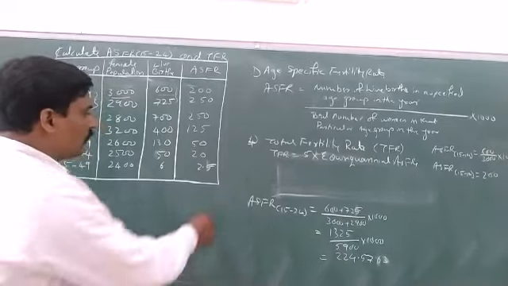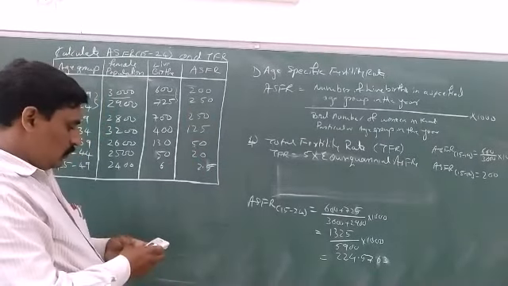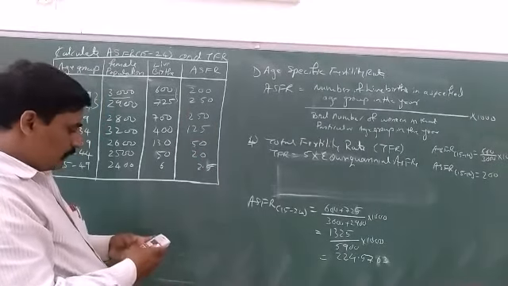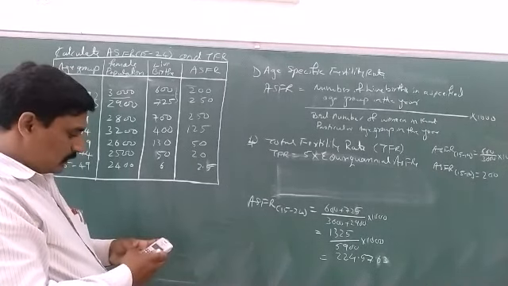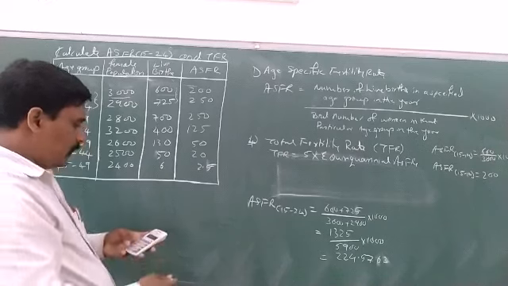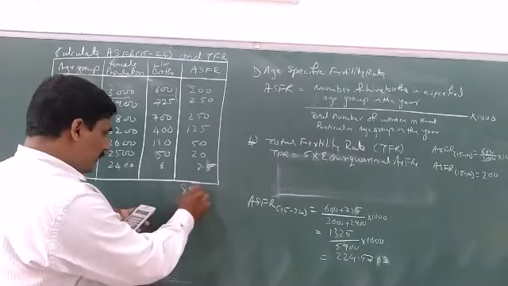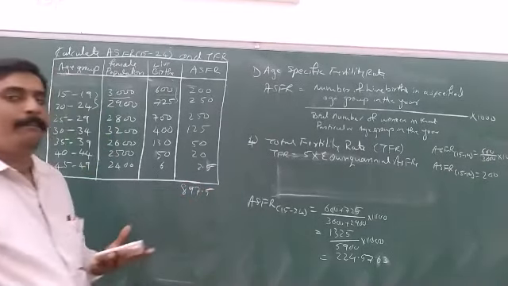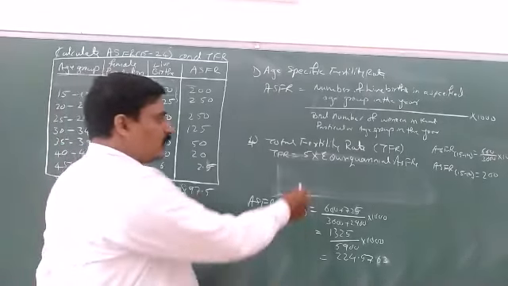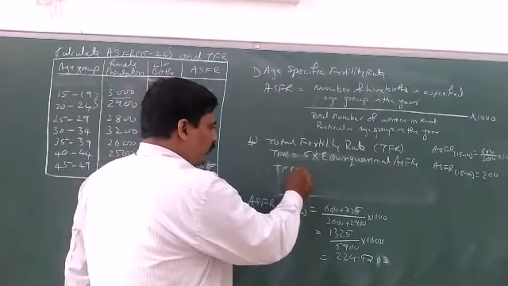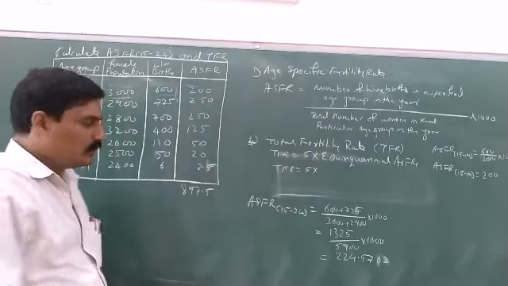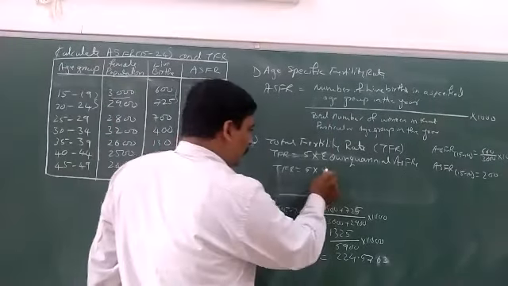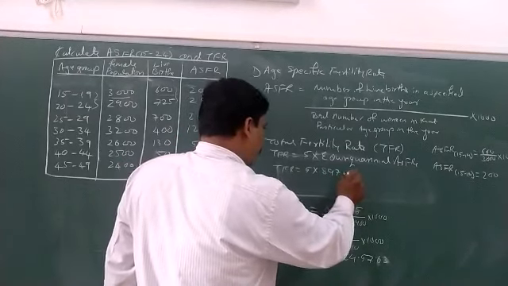Now make the total of this column. 200 plus 250 plus 250 plus 125 plus 50 plus 20 plus 2.5, that is 897.5. Now the TFR formula is TFR is equal to 5 into summation of quinquennial ASFR, that is 897.5.